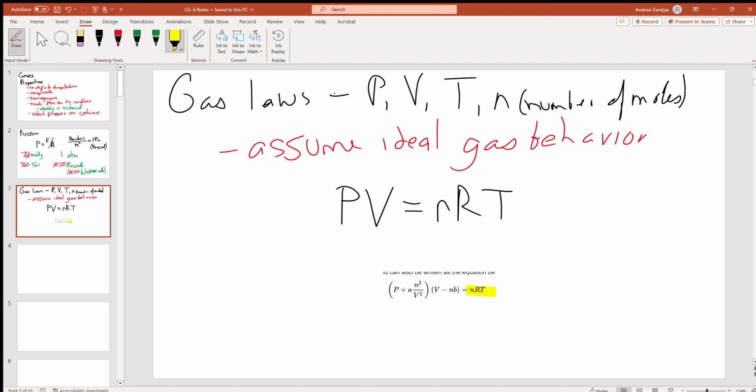But then we get these extra factors that we add to our pressure and volume terms. And those are what change this from ideal gas behavior to just any gas. But we're not going to deal with the second equation when we get to the ideal gas law. We're going to stick with just PV equals nRT, as well as some other equations that all assume ideal gas behavior.